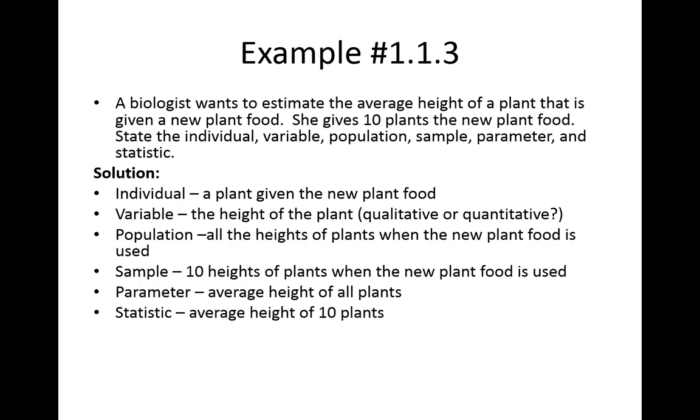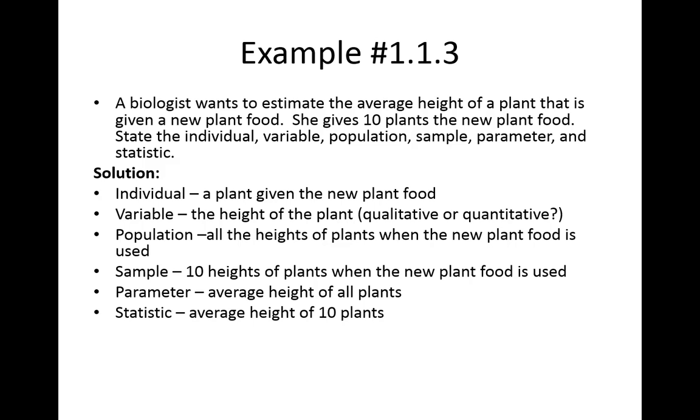And so we're going to have a sample of 10 numbers that will be the heights of the plants that were given the new plant food. And then again, the variable is going to be a number indicating in inches or centimeters the actual height of the plant. And we've got to get it from an individual plant that was given this plant food.